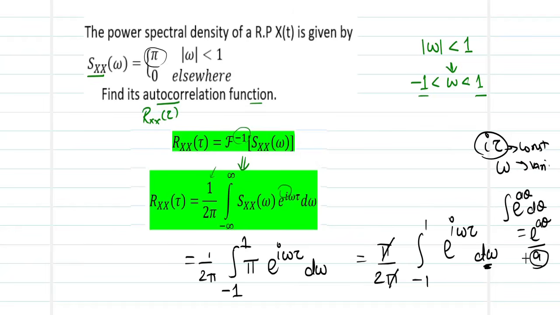Which is the constant over here? With respect to omega, i is the constant and tau is the constant. So we have 1 by 2 times e power i omega tau divided by i tau, the constant I have to divide by, and the limit varies between minus 1 and plus 1.